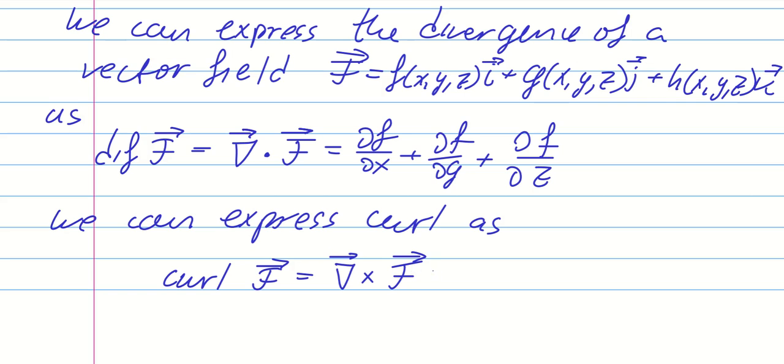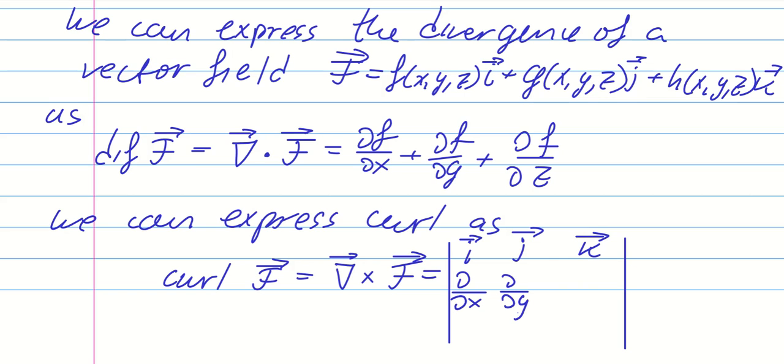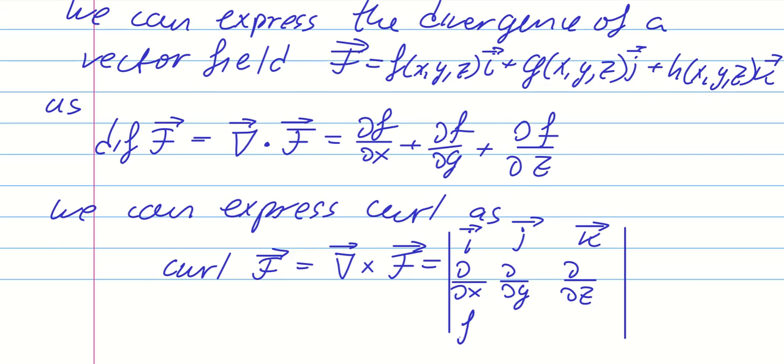All right, so this would be our determinant of this matrix for i, j, and k. So gradient we can write as d dx, d dy, d dz, and f is just f, g, and h.